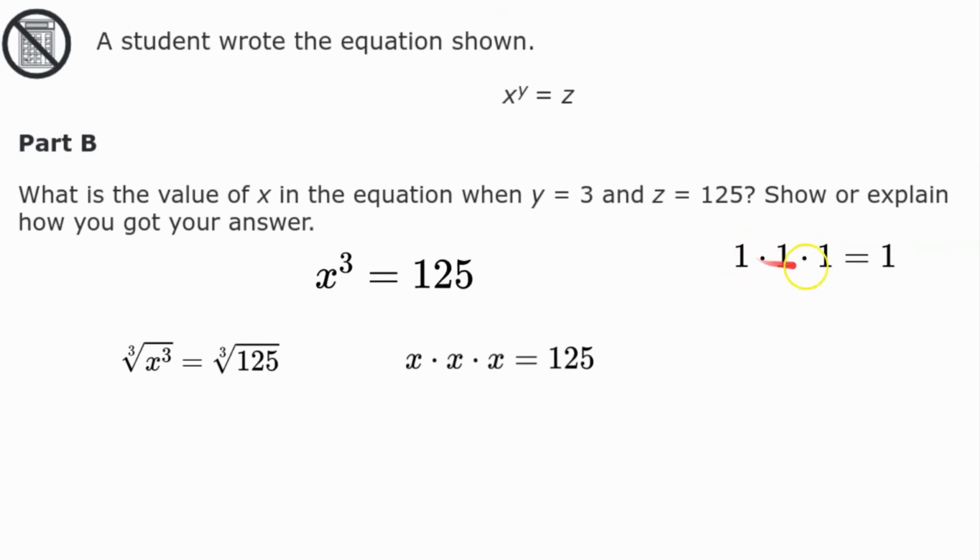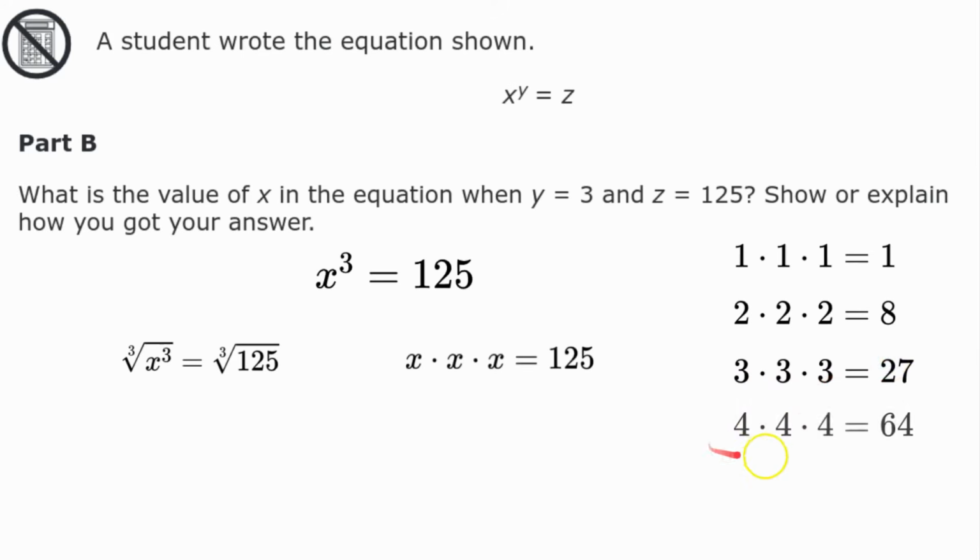So 1 cubed is 1 times 1 times 1, which is 1. 2 cubed is 8. 3 cubed, 3 times 3 is 9, times 3 is 27. 4 cubed, 64. 5 cubed, 125. So we know that x has to be 5.